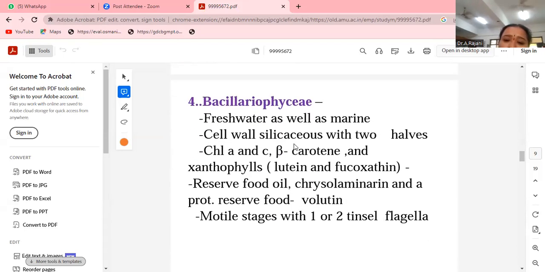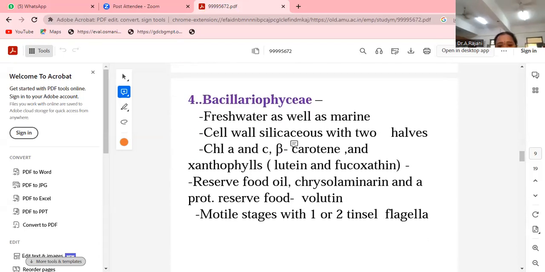Coming to the fourth class, Bacillariophyceae, another name is diatoms. The color here is yellow or golden brown.